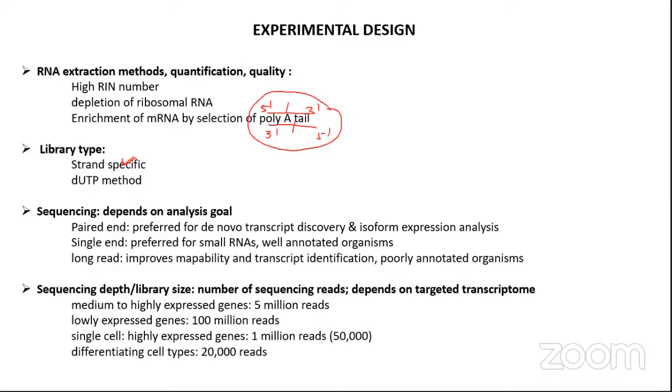But if we do not know, then we can prepare blindly and then use it. The dUTP method. Sequencing depends on the analysis goal. Again, what is our objective? The sequencing depends on that: whether we are going for paired end or single end, and whether we are going for 75 base pair, 50 base pair, or 150 base pair.